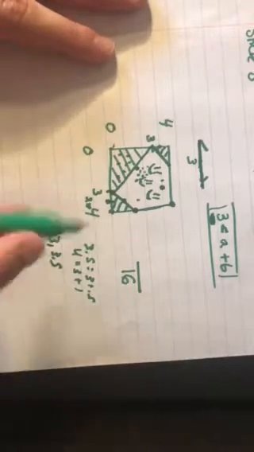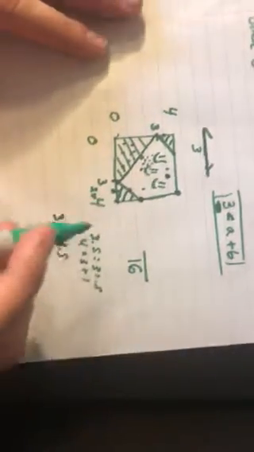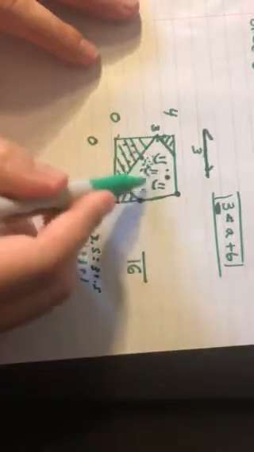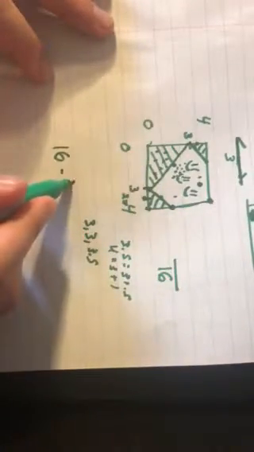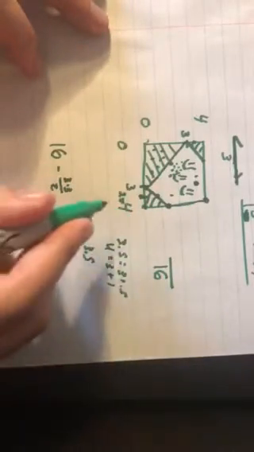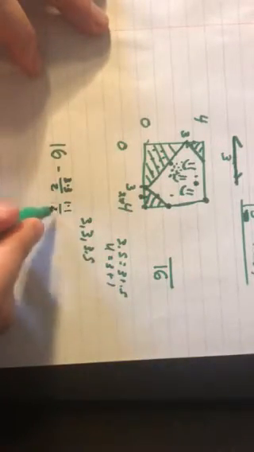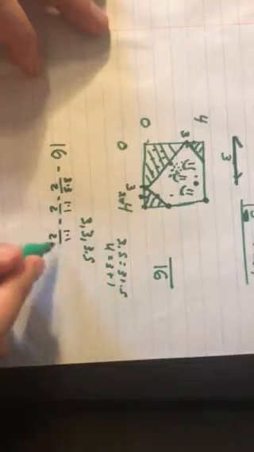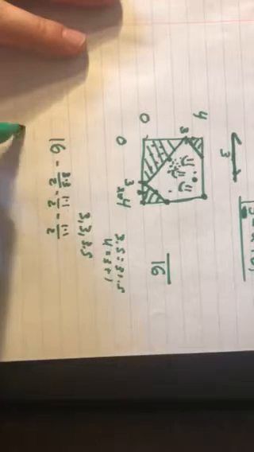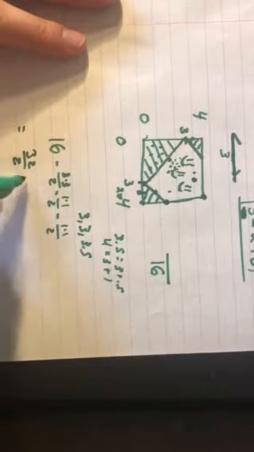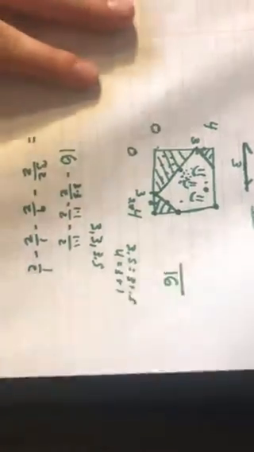So you need to divide up this space now and see, what's the area of this crazy region with the smiley faces? You have 16 minus this triangle, which is 3 times 3 divided by 2. And these triangles are both 1 times 1 divided by 2. So you're subtracting those off to get this space. So that'll give you 32 over 2 minus 9 over 2 minus 1 over 2 minus 1 over 2.